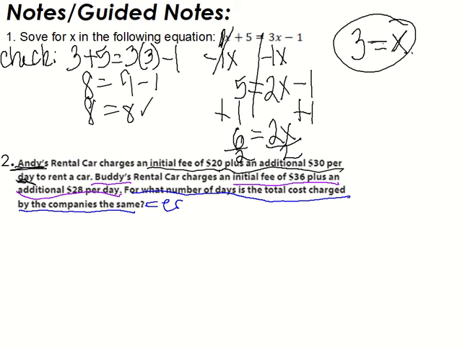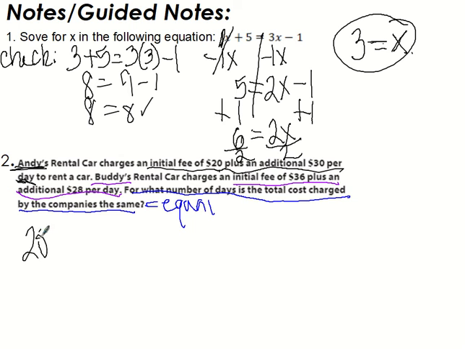So what we're going to do is write two expressions, one for Andy's and one for Buddy's, and then we're just going to stick an equal sign between them. Because we want to know, when are those two companies the same or equal? So for Andy's, it was an initial fee of $20. So you pay that before the day even starts.